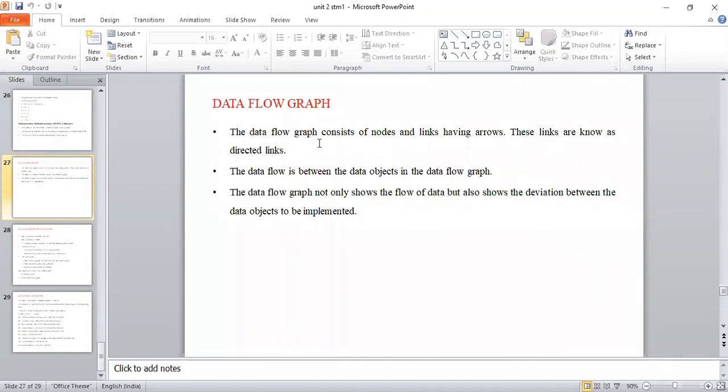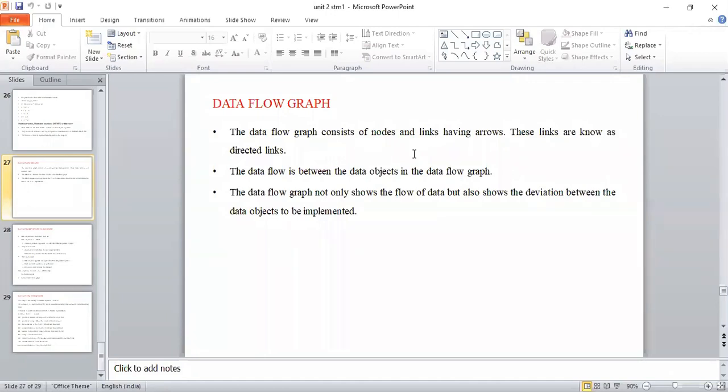The data flow graph consists of nodes and links having arrows. These links are known as directed links. It directly connects from one data object to another data object through the links. The data flow is between the data objects in the data flow graph.